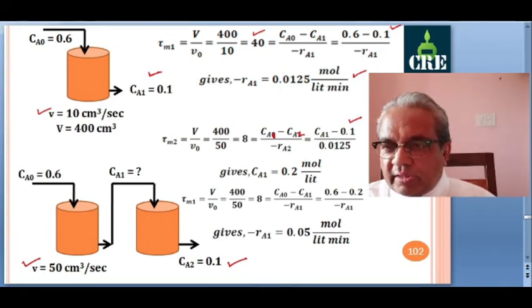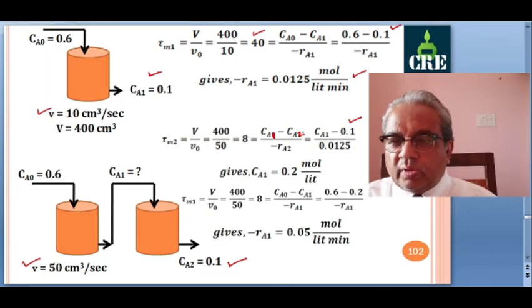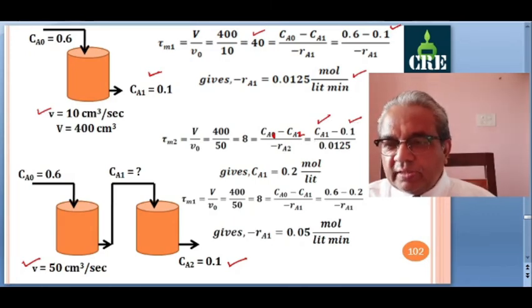Here the exit concentration is 0.1. So this is calculated at 0.1, and it comes out to be this with this data, 0.6 to 0.1. Here I don't know this intermediate concentration Ca1, but the exit concentration is known, and at exit this minus Ra2 is evaluated.